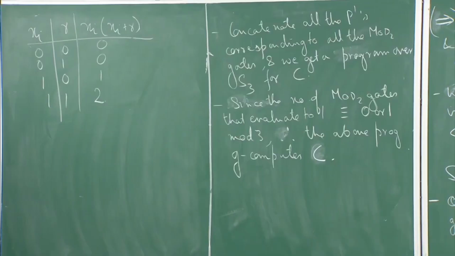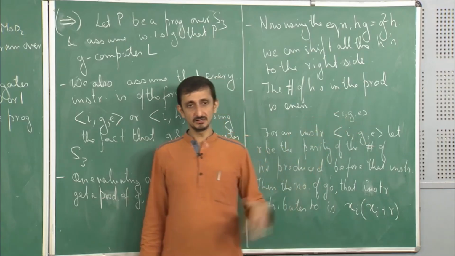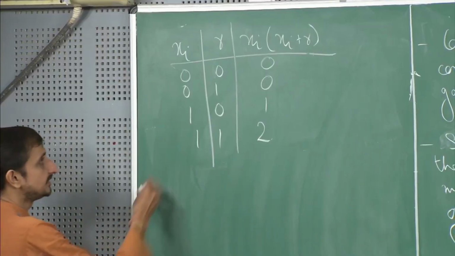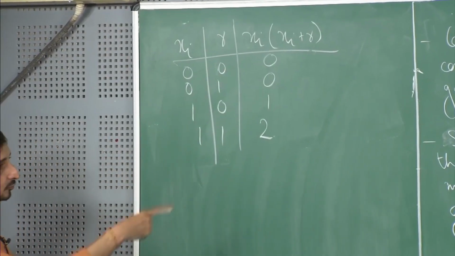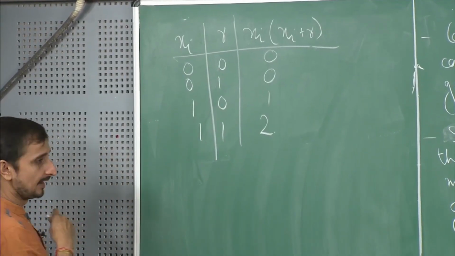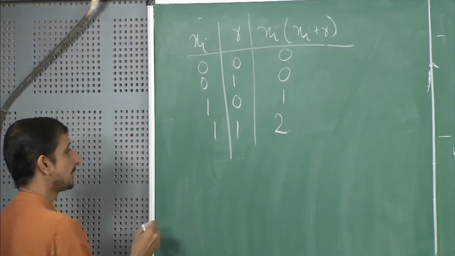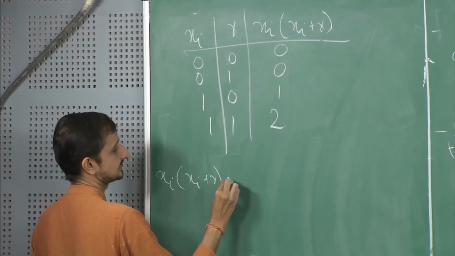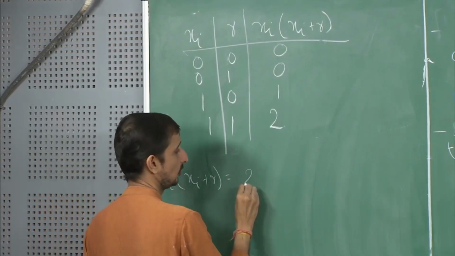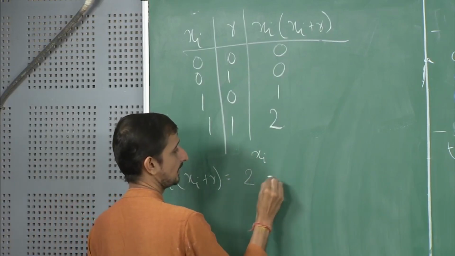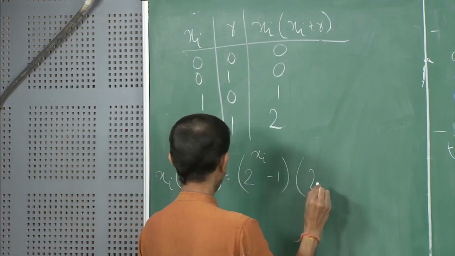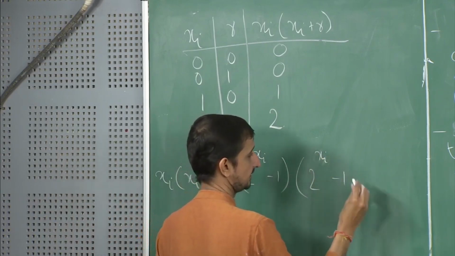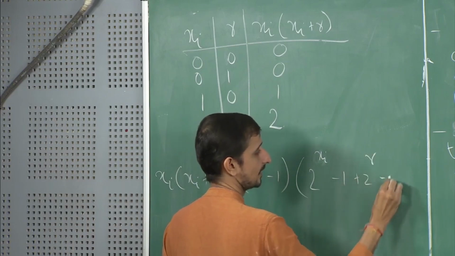Okay. So this tells me how many G's this instruction contributes to. Now, we will write this equation as a power of 2 as earlier in that lemma 3, I believe. So, we can write xi times (xi plus r) as 2 raised to the power xi minus 1 times 2 raised to the power xi minus 1 plus 2 raised to the power r minus 1.